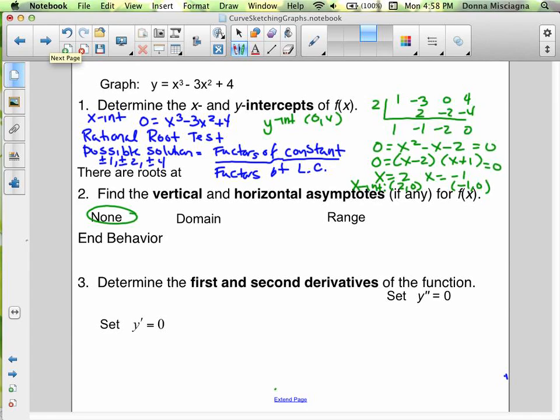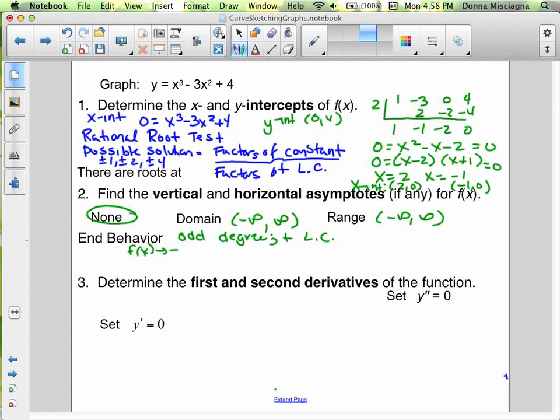The domain is all real numbers, right? For any polynomial function. And the range is all real numbers because this is an odd polynomial function, right? It's S-shaped. Remember that from Algebra 2? So for the end behavior, we have an odd degree and a positive leading coefficient.